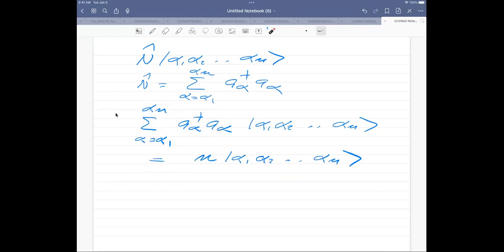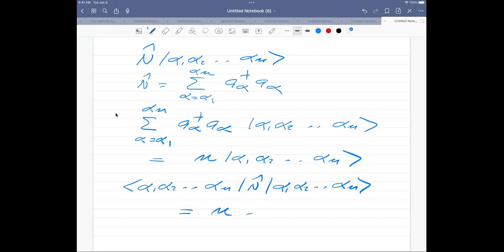So that gives me the number of particles which I have present. So then you see that if I now calculate the expectation value between alpha 1, alpha 2, up to alpha n, the same state, of this operator here, this is simply going to give us n, which in our case is the number of particles.